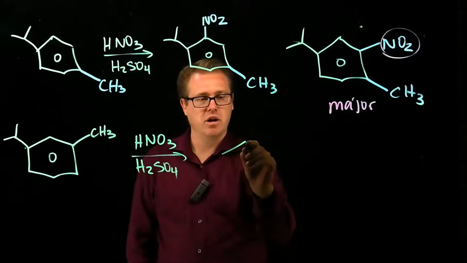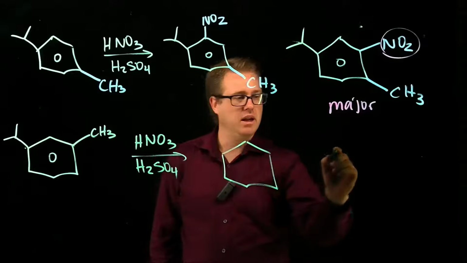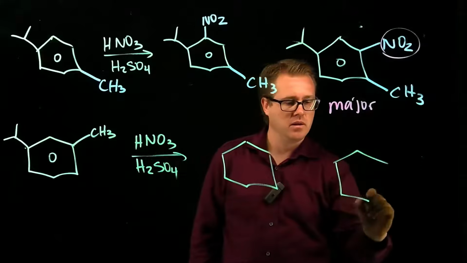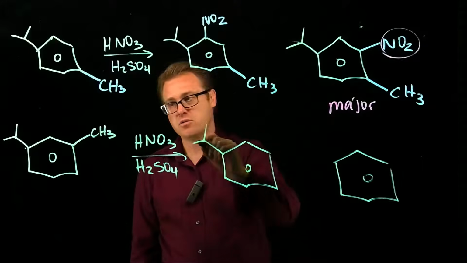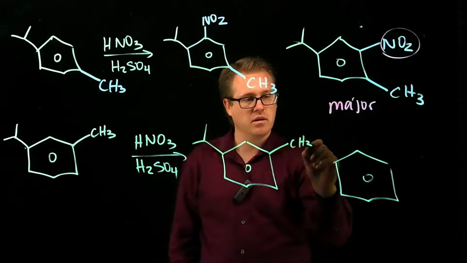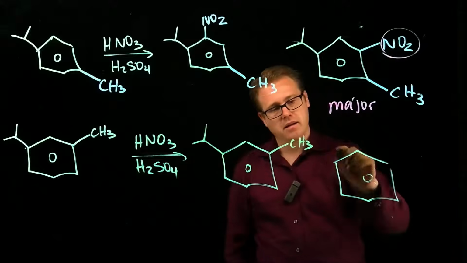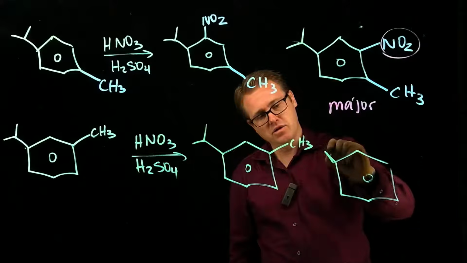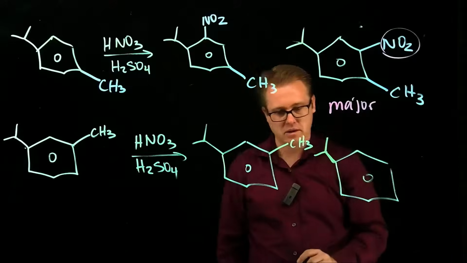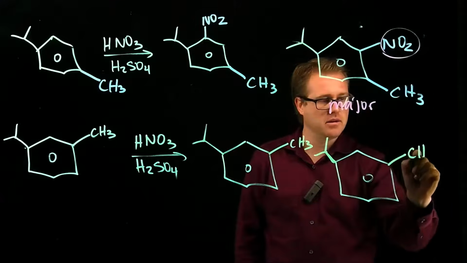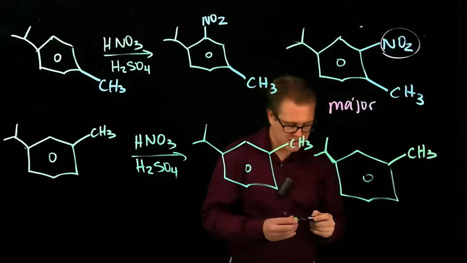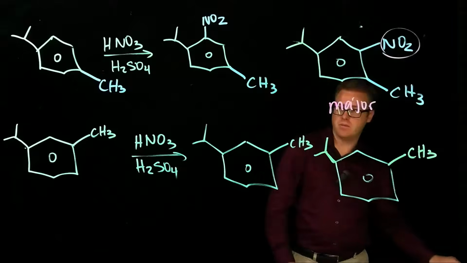So what could our products potentially be? Well, we have those groups still there. And I'm going to just draw this bond a little bit shorter. We have that one, and then still there. Okay, so where is that nitro group going to go?